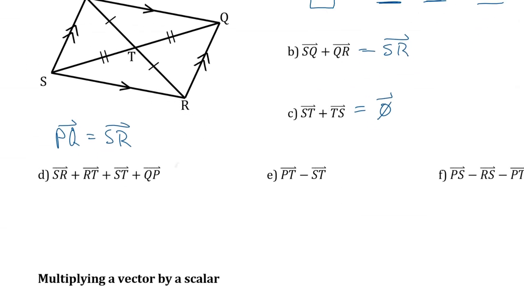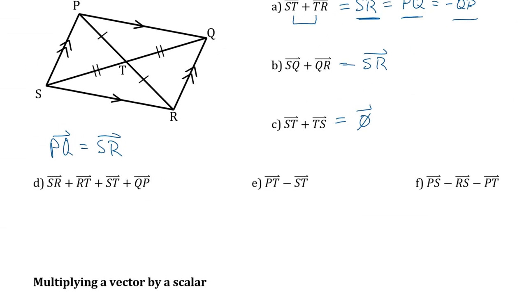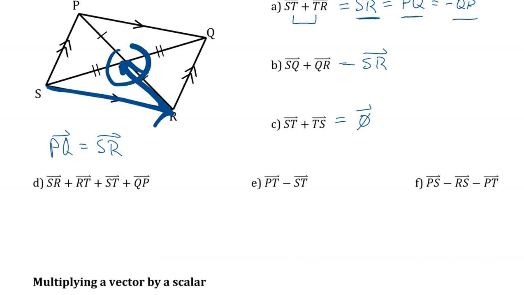Okay, what if I'm doing a whole bunch? I think it's useful to think of these in two different ways. So from S to R, then from R to T, I'm actually following the path here. Then from S to T, but people would say, but hold on, I'm not at S. How do I add ST? But ST is this vector.